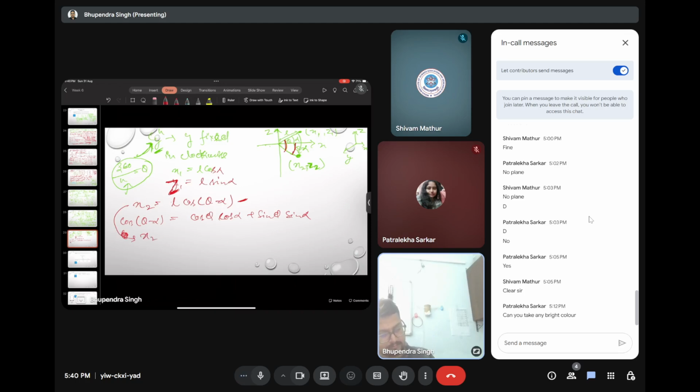So x2 will be L cos theta cos alpha plus L sin theta sin alpha. L cos alpha is x1 and L sin alpha is z1. So this is x1 cos theta, and this is z1 sin theta.